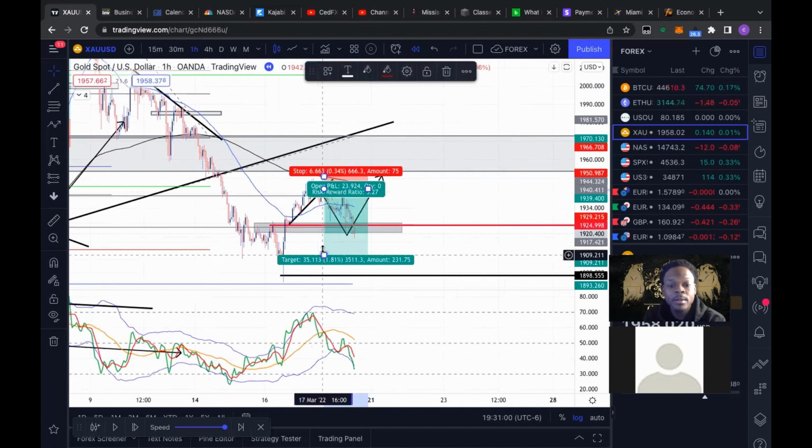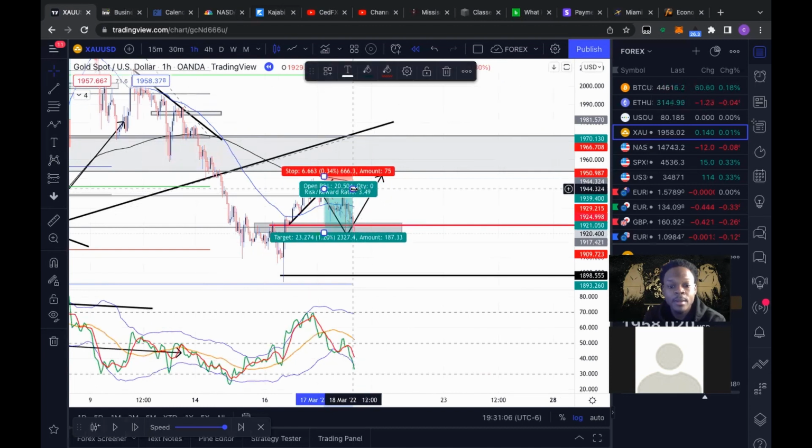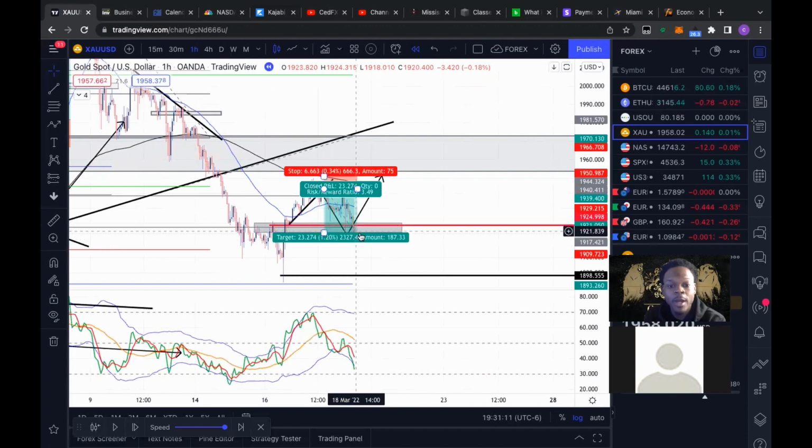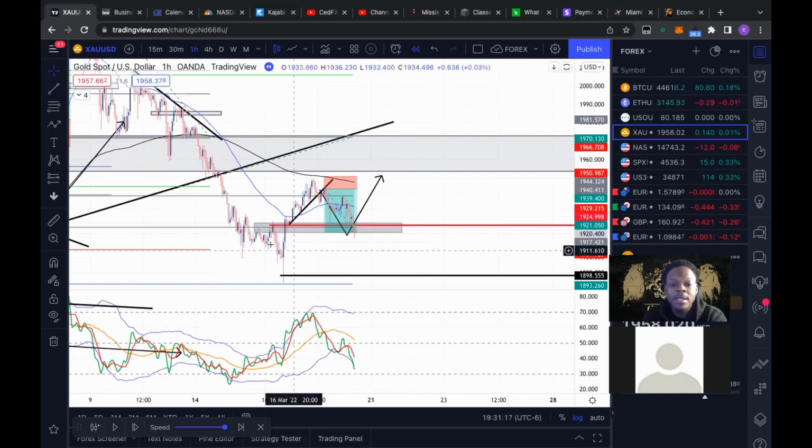Now, I just said that I'm looking for the market to come back and retest the level that it just broke, right? Which is right here. So I really wouldn't set my TP anything lower than this level right here, because it just broke past this level and I'm looking for the retest.